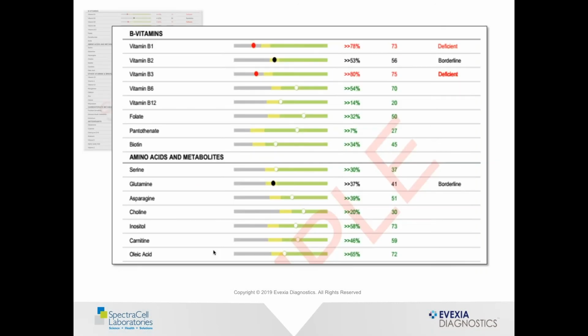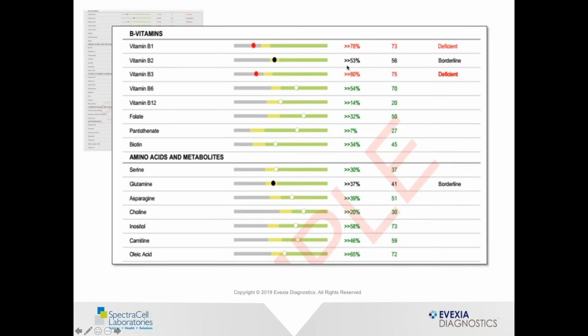This is just showing you on the report, looking at the B vitamins and amino acids and metabolites. Here's how you would read this, and they have other bar graphs as well, which are much easier reading, but you can take a look at this one first. As you see on the top, here's vitamin B1, and what is expected is over 78% in that particular person's cell, and as you can see, they only picked up 73%, so it's flagged deficient.